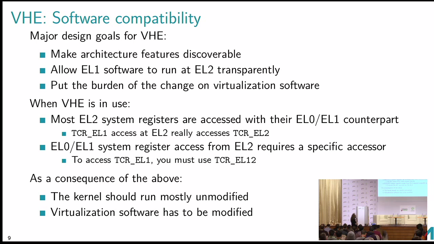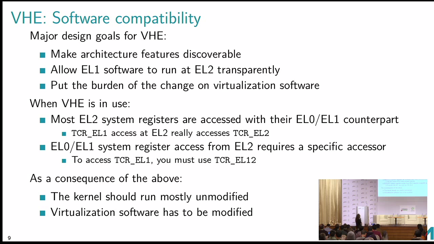It allows the EL1 software, so your host kernel, to run transparently at EL2 with hardly any modification. Of course, something has to give, which means it's the virtualization software which will be impacted by the changes. But that's fine, that's why we're here.